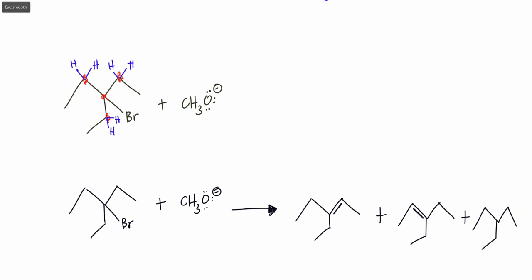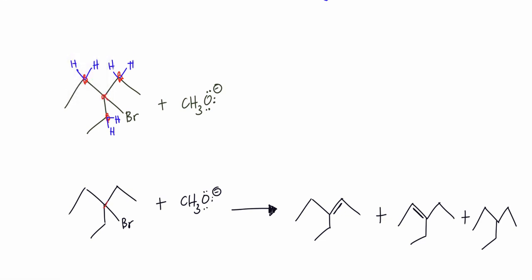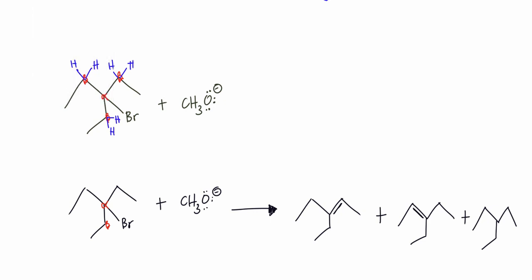If we keep in mind that this is alpha and this is beta, we would have a double bond between that alpha and beta carbon.